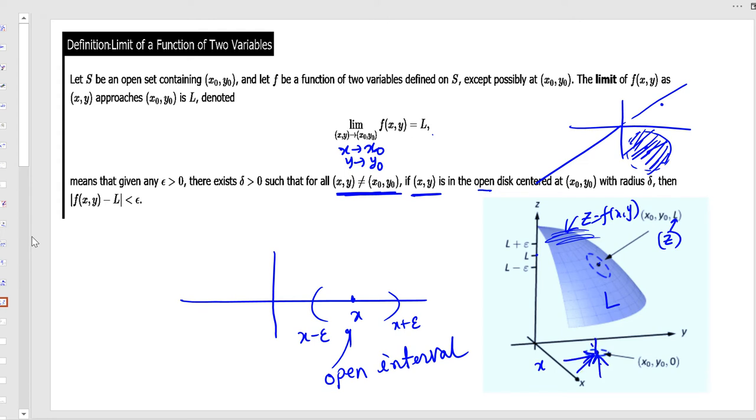Then the functional value will be at L. If this is satisfied, then what happens?